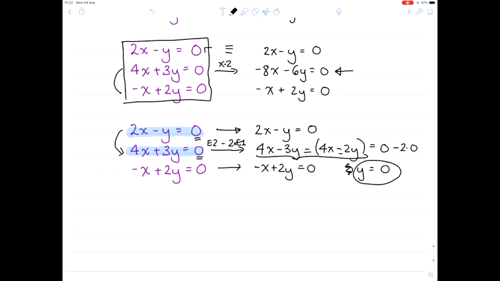So we've transformed this set of equations into a slightly simpler one that looks like this. And by doing so, we've already found one coordinate for our solution. And then we could just plug that in and find out the x value.